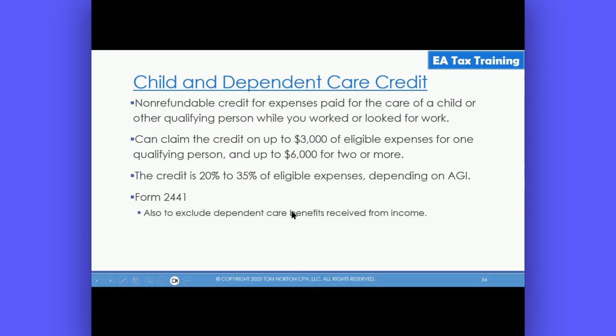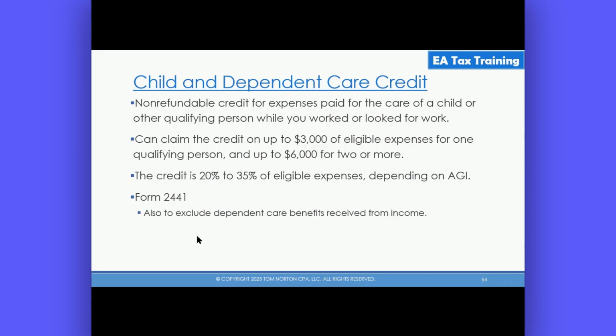Moving on to our next credit. This is the Child and Dependent Care Credit. This is a non-refundable credit for expenses paid for the care of a child or other qualifying person while you worked or looked for work. So if you've got a child or other qualifying person, you are paying childcare, let's say, for them, you can get a credit for those expenses that are paid.